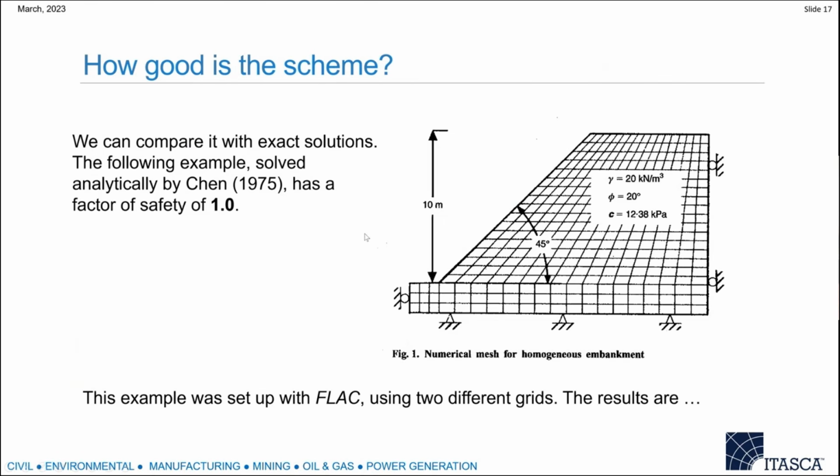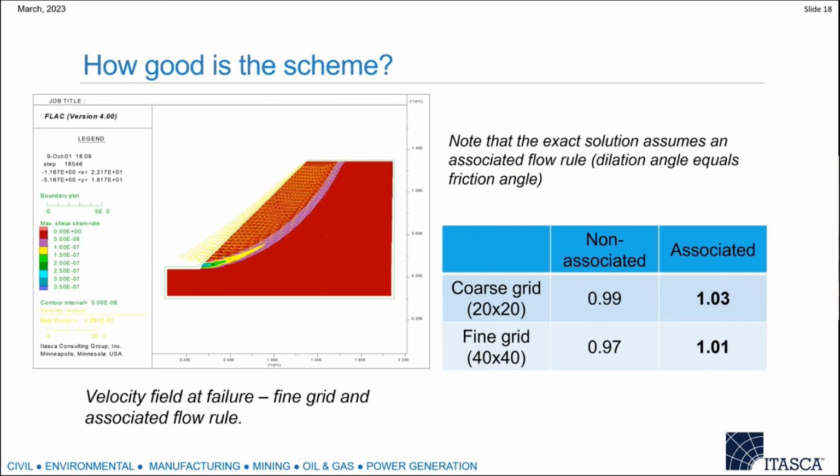We will check the FLAC3D result later. Here are some old figures calculated by FLAC version 4. Different grids will give slightly different results, but generally the calculated factor of safety is very close to 1.